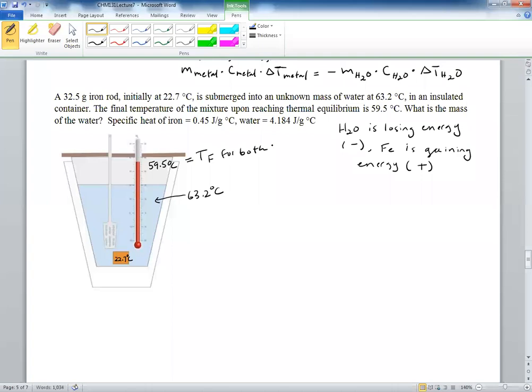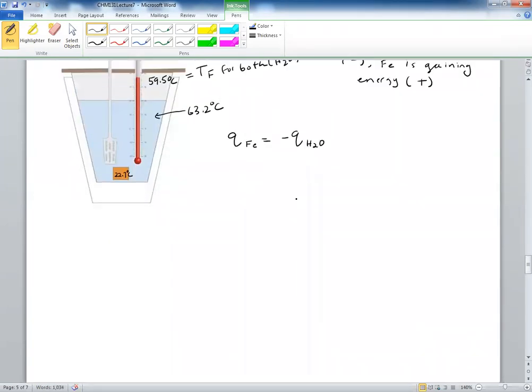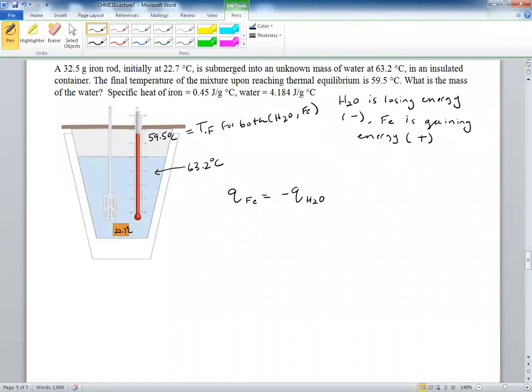The water and the metal, or the iron in this case. What is the mass of the water? Specific heat of iron is this. Specific heat of water is that. So here's our equation. We set up our equation: Q of iron equals negative Q of H2O. And again, we should know why it's negative Q for H2O, because water is losing the heat. It's at a higher temperature.